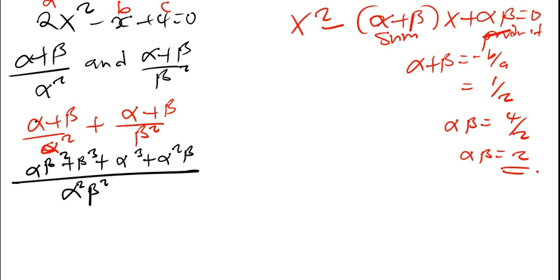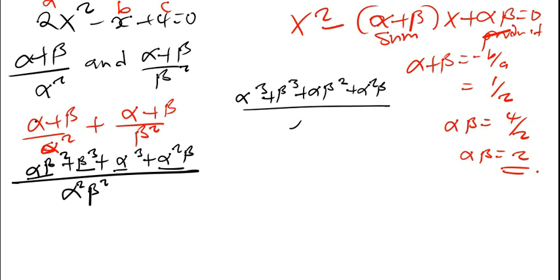The best thing that we can do here is first to leave this and this alone, which is going to be alpha to the power 3 plus beta to the power 3. Then let's get this and this also together, plus alpha beta squared plus alpha squared beta. Divide this. This can now be written as alpha times beta in brackets to the power 2.